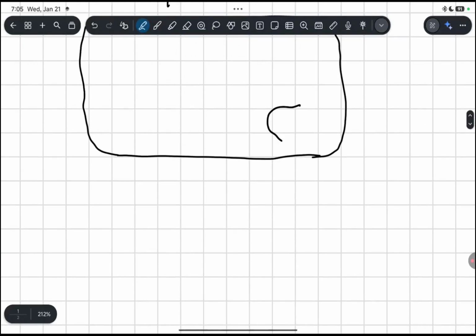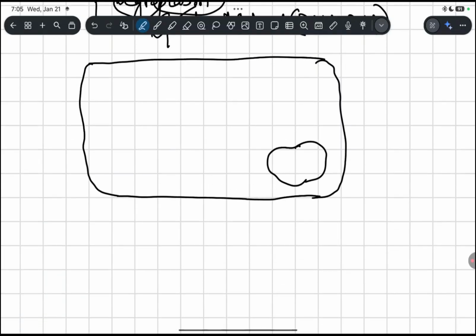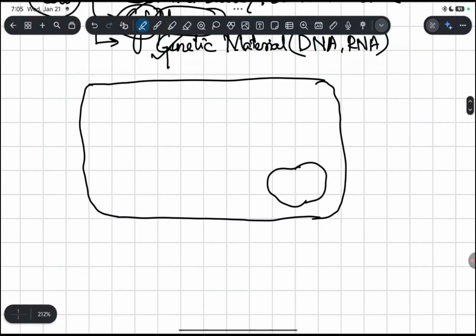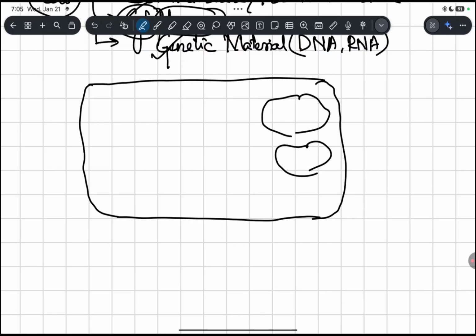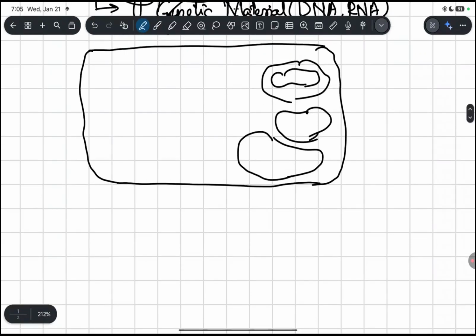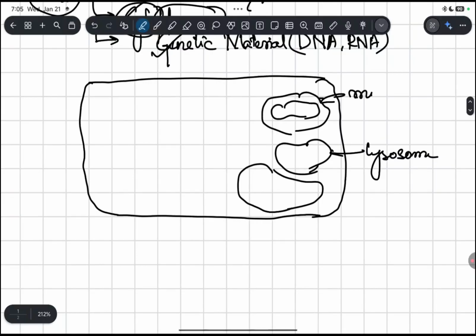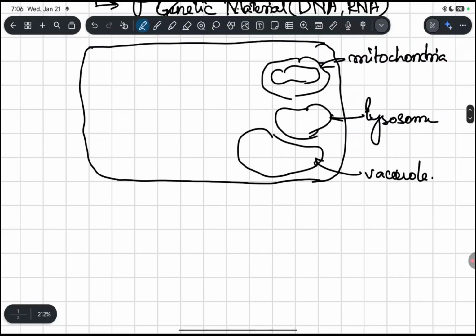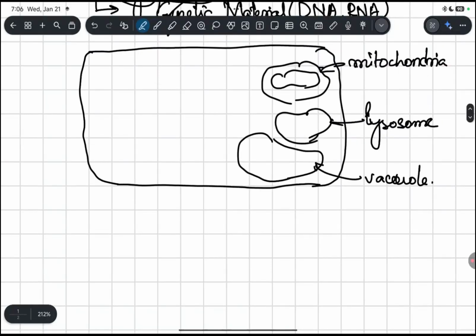First, let me draw three structures. So this is a lysosome. Here we have mitochondria, and here we have a vacuole. What happens here is, in the lysosome the breakdown or digestion of food happens.